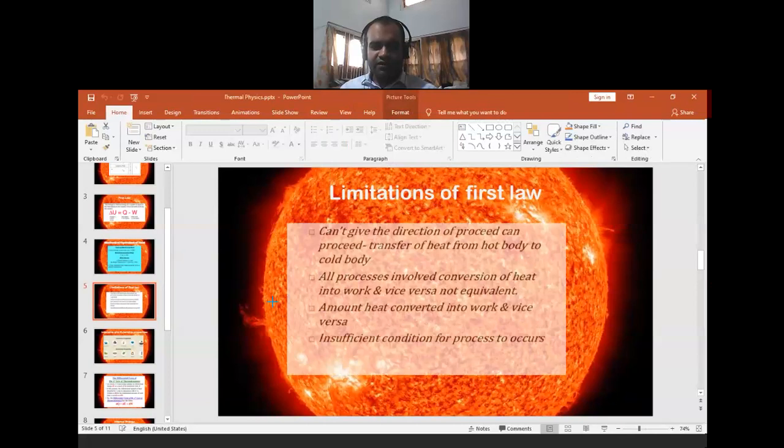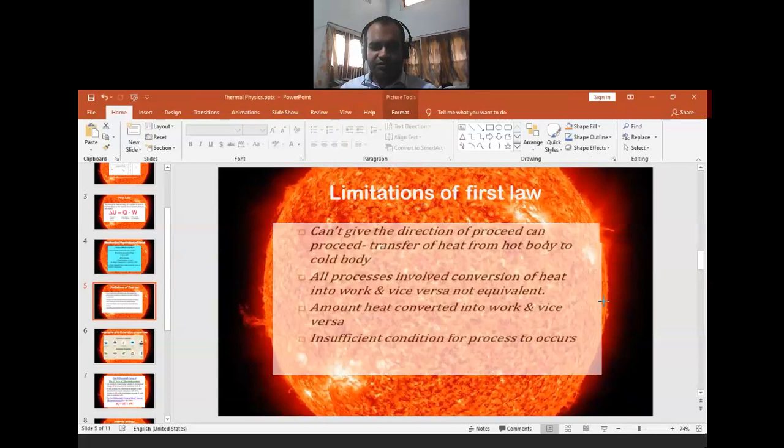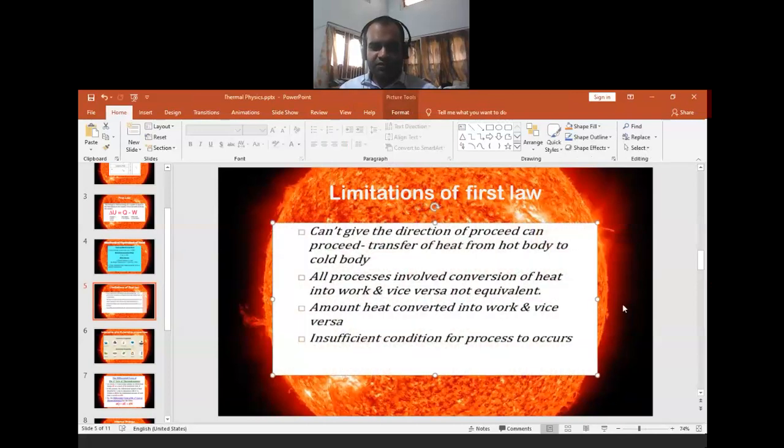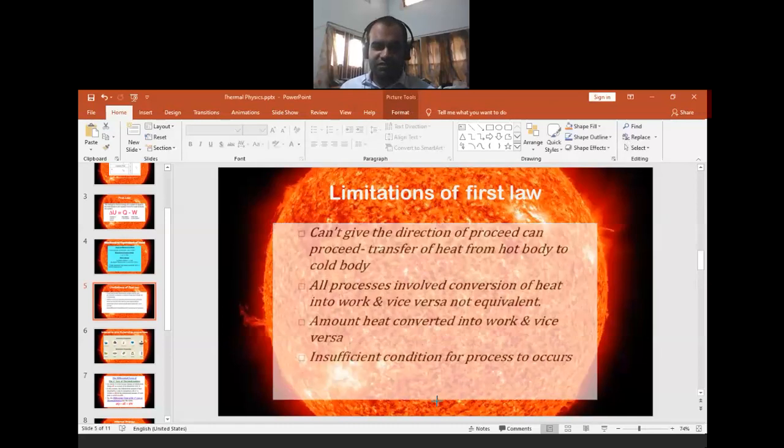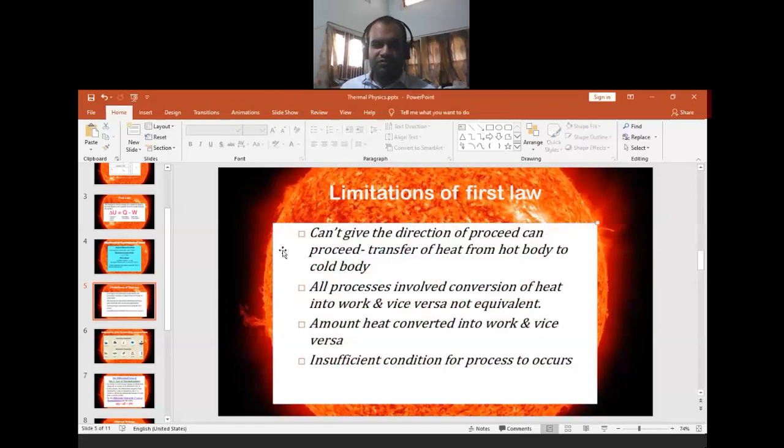Here I have taken some important points from the internet. So, limitations of the first law. We have finished the first law of thermodynamics, but it comes with certain limitations. One of them is that it cannot give us the direction of heat flow.